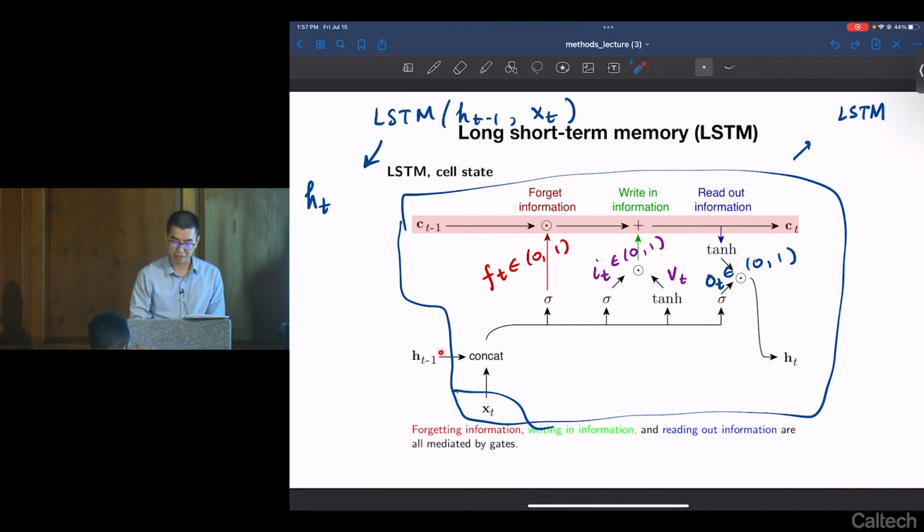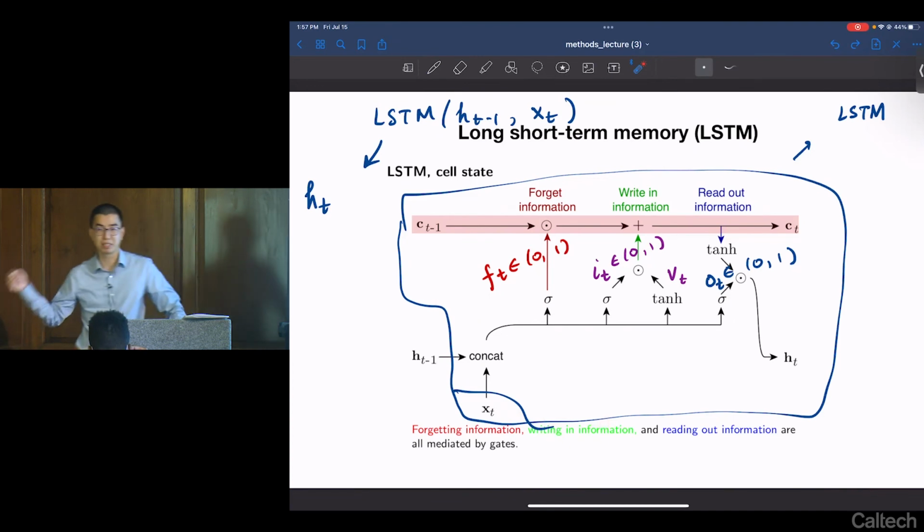So this is just it for one time step, but you would run this over time as well.